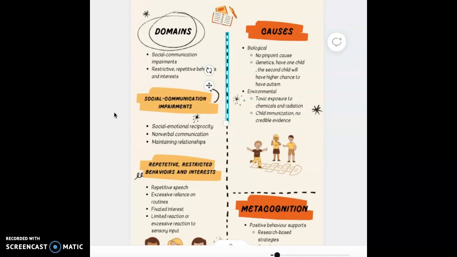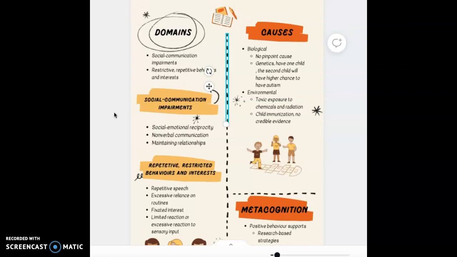and this will cause the student to have these behaviors as well. But then, understanding the causes: biologically, there's no pinpoint cause, but within genetics, they have found that if, for example, parents have one child with autism, most likely their second child will also have a high chance of having autism.